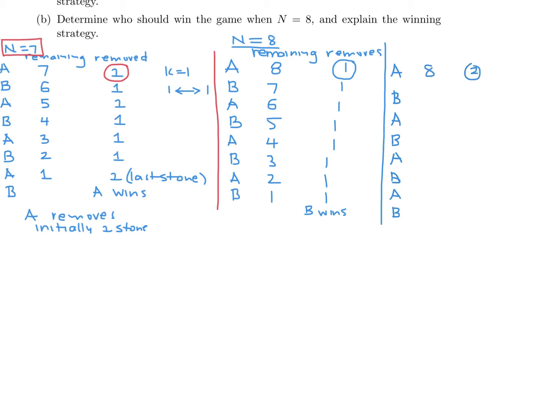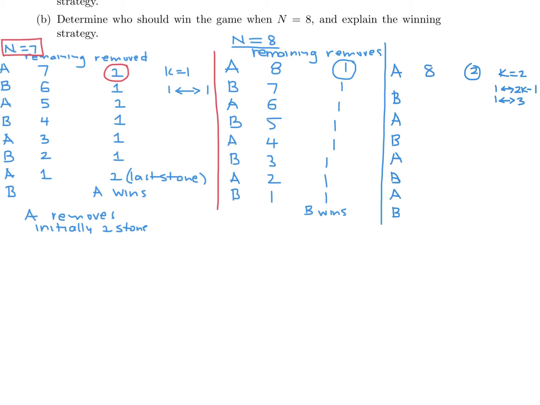Now, according to that rule, Beryl, since k is equal to 2, can remove anywhere from 1 to 2k minus 1, correct? Now, 2k minus 1 when k is 2 would be 3. So Beryl can remove anywhere from 1 to 3. So she's got a choice now.